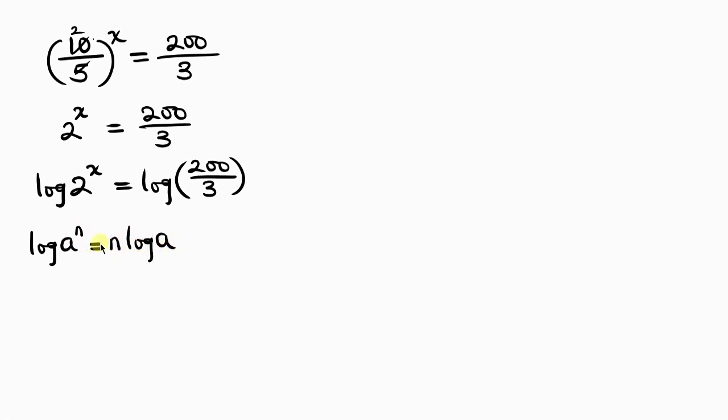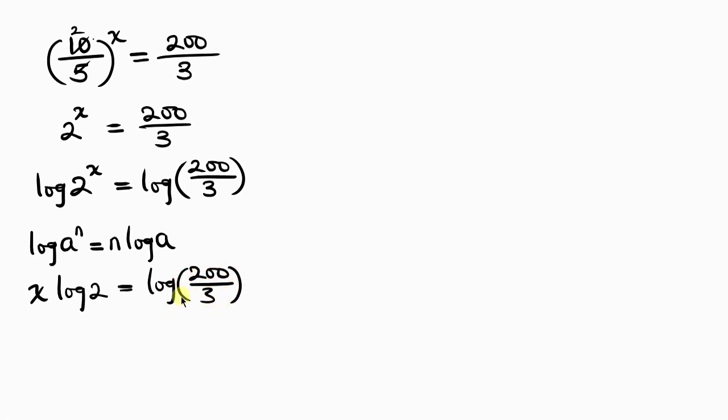So let me apply this to what I have here first. I'm going to be coming to this later. So we have x, that means this expression written in this form can be x log 2. And this is equal to log 200 all over 3. Good.